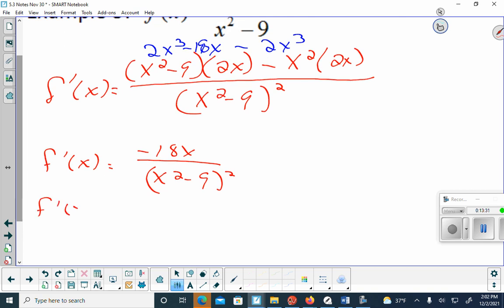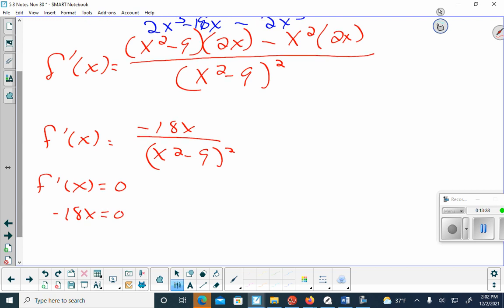So when is my derivative equal to 0? What am I going to set equal to 0? Negative 18x is equal to 0, so x is equal to 0. That's one critical number. And then I'm going to have x squared minus 9 squared equal to 0. So x squared minus 9 is equal to 0, because technically I took the square root.